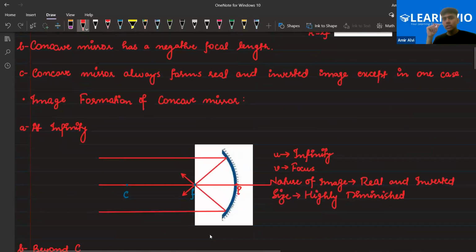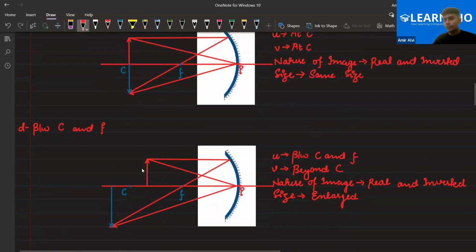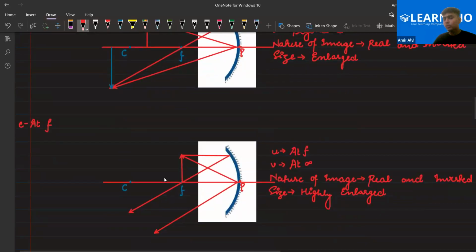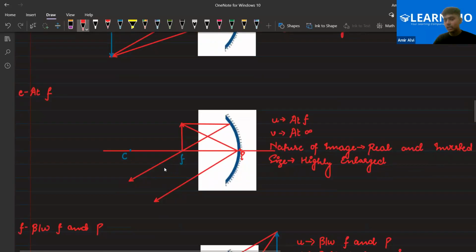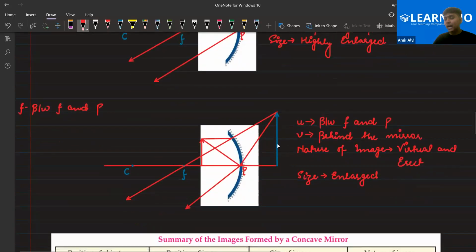In this class, we started after between C and F. The image formed by the concave mirror at such a distance will be beyond C, and it will be enlarged. At F, it will be highly enlarged, real and inverted, and the image formed would be at infinity. The last case is when the object is between F and P: the image would be behind the mirror and enlarged.